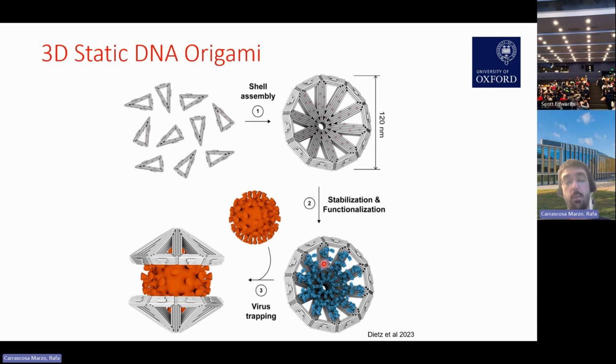Remember that you can add different things to this and make it more interactive. He added specific antibodies or fragments of antibodies that could recognize the virus. The idea was to use these little DNA shells to block the virus molecule in place, reduce its infectivity and prevent it from propagating the disease. That was the idea of using DNA origami in this scenario.